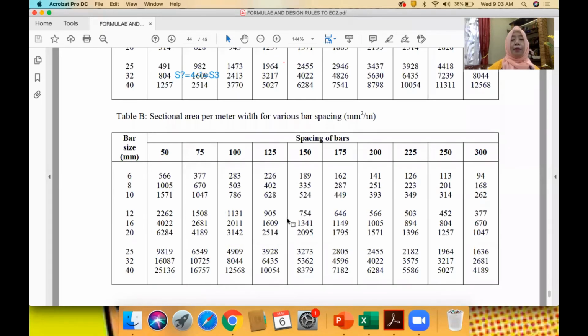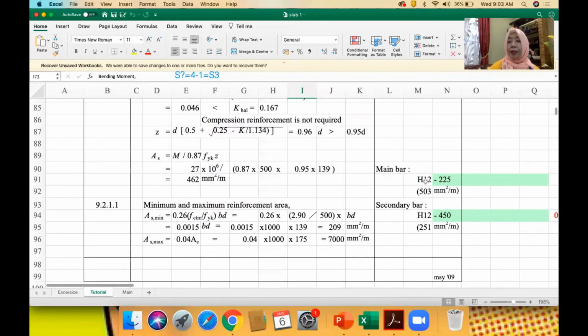Our one is 4/6 something. So the appropriate value is 503. Therefore, H12, the spacing is 225. H12 at 225, slightly greater than 462.